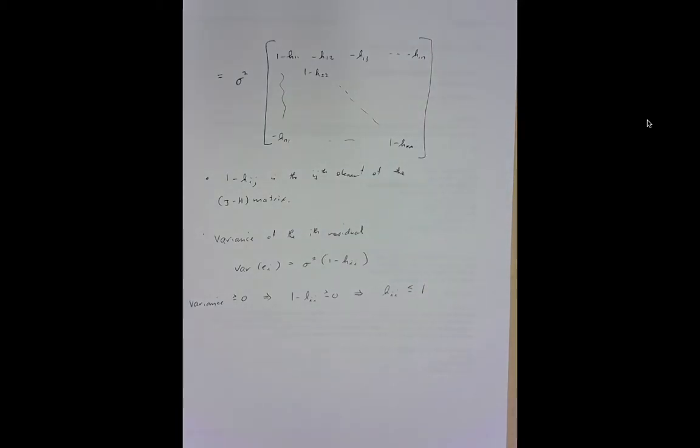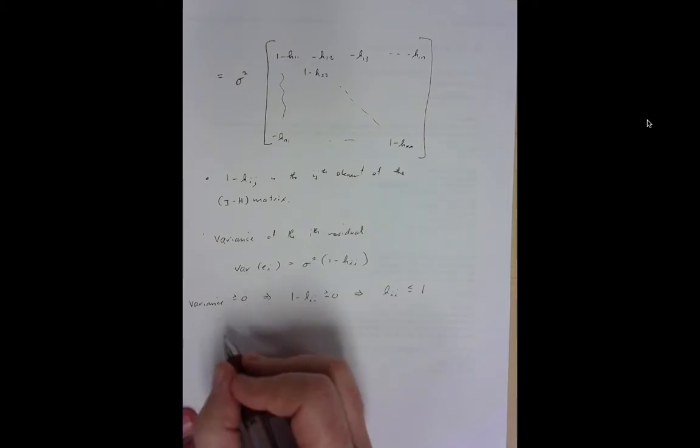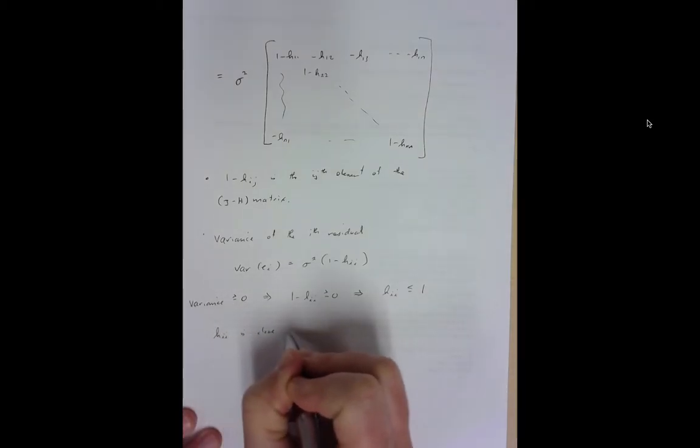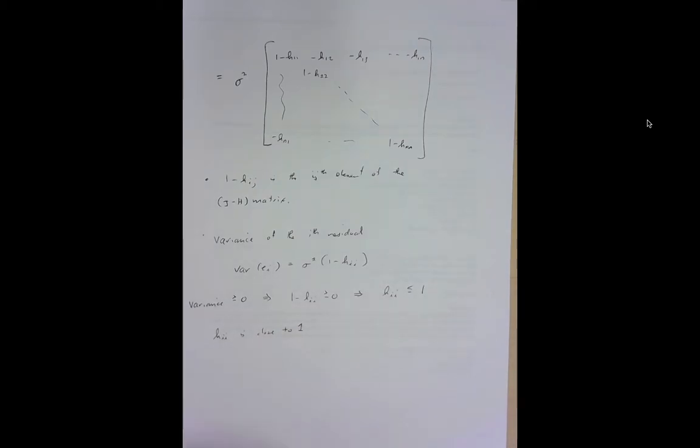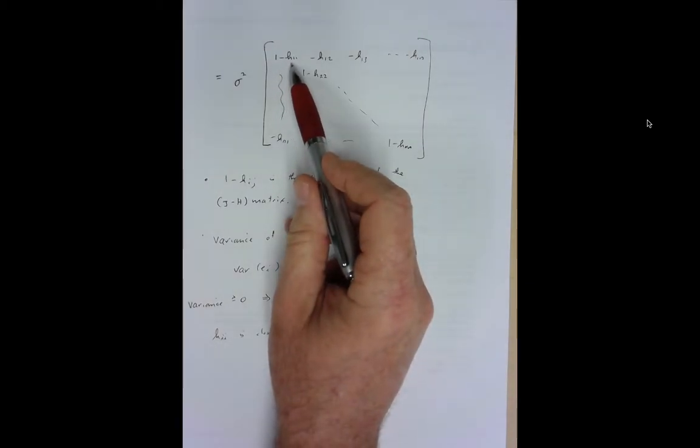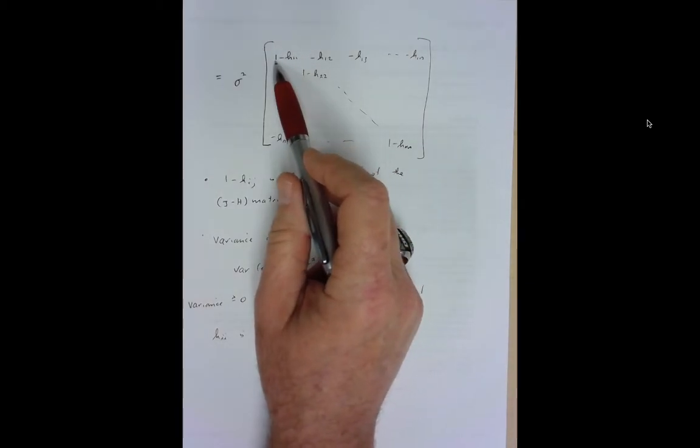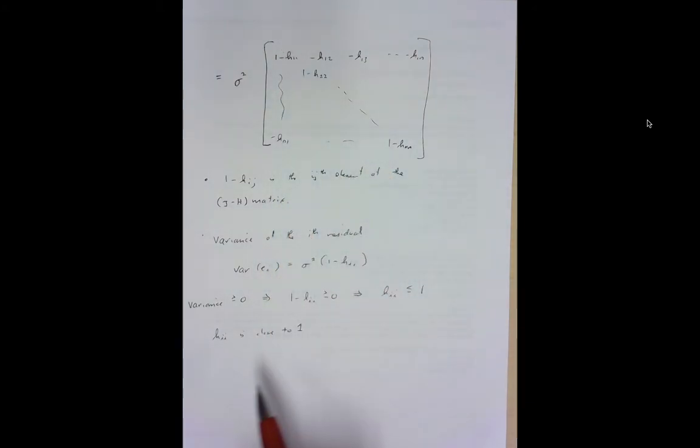So what happens here is that when Hii is close to 1, it tells us that the variance of the ith residual is small. And it should follow pretty clearly, right? If we get a larger number here, subtracted from 1, well, then we get a smaller result.